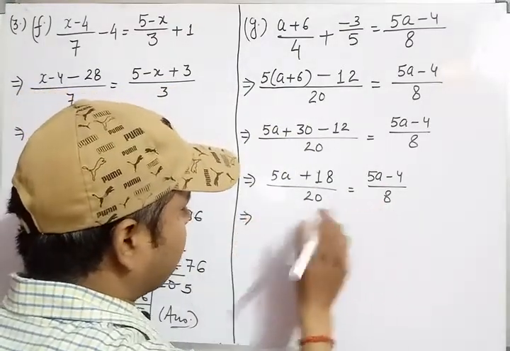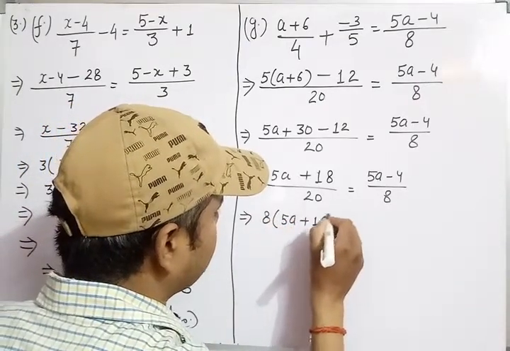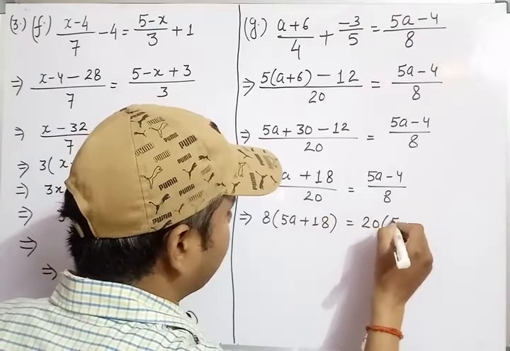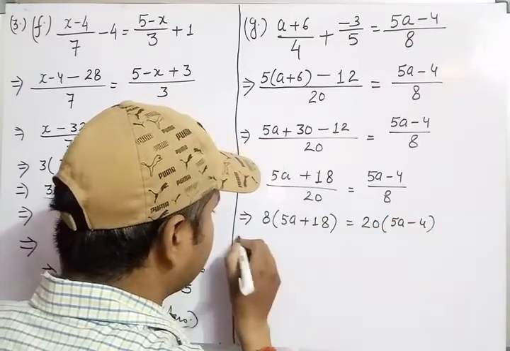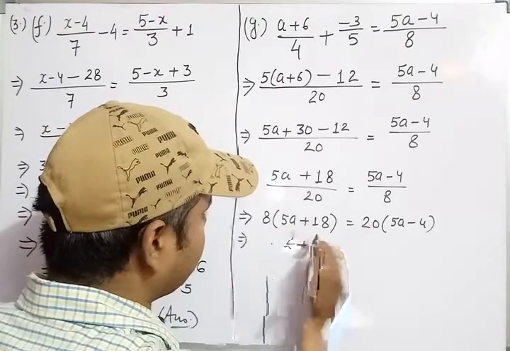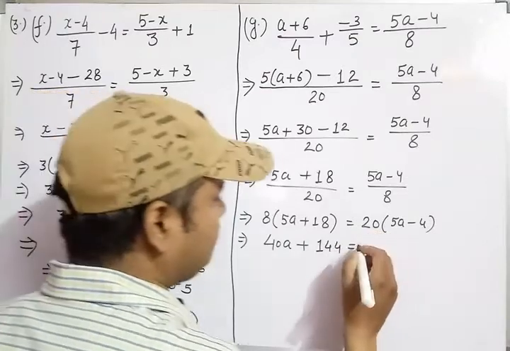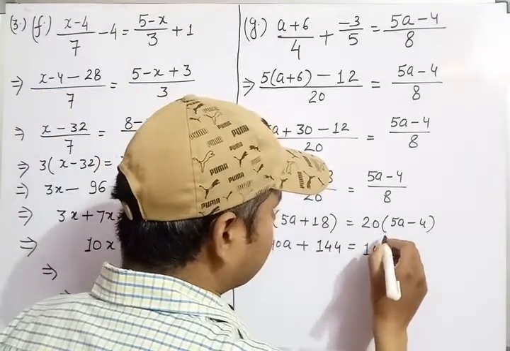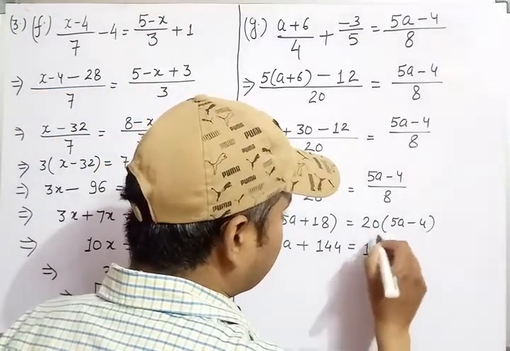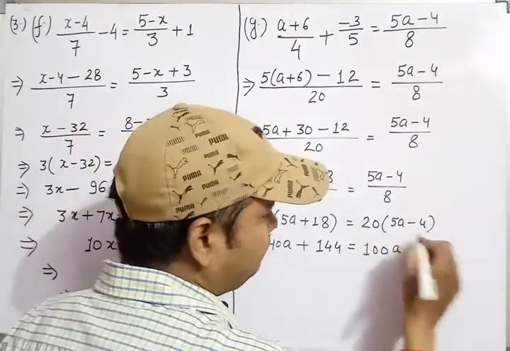So here 8 multiplied by 5a plus 18, and 20 multiplied by 5a minus 4. Then 8 fives are 40a, plus 18 eights are 144, and plus 20 into 5a means 100a, and 20 fours are 80.